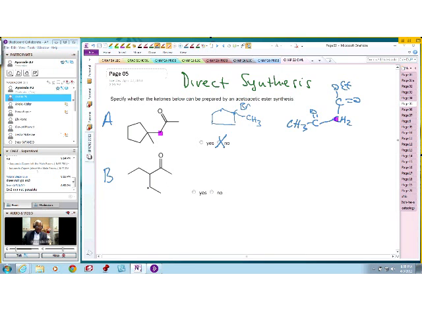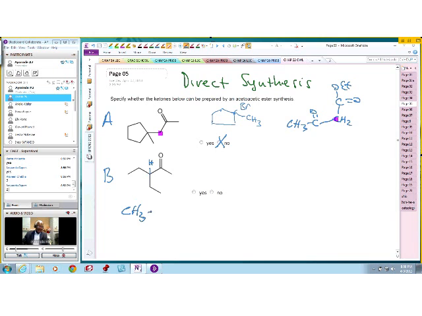How about B? Will B work? Yes, B will work because we have a hydrogen here. We also know that if we have to make this, how many alkylations would you need to make this? 2, exactly.